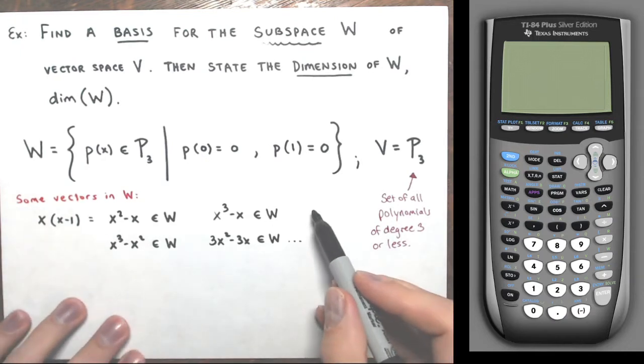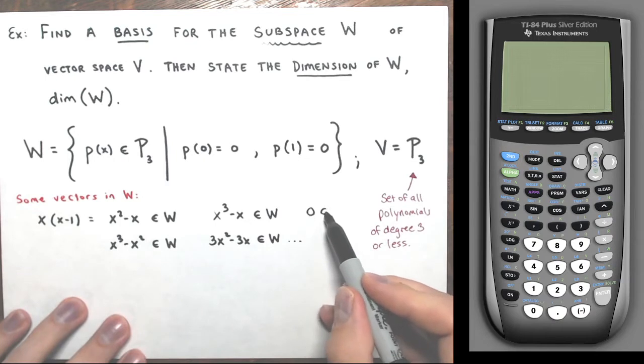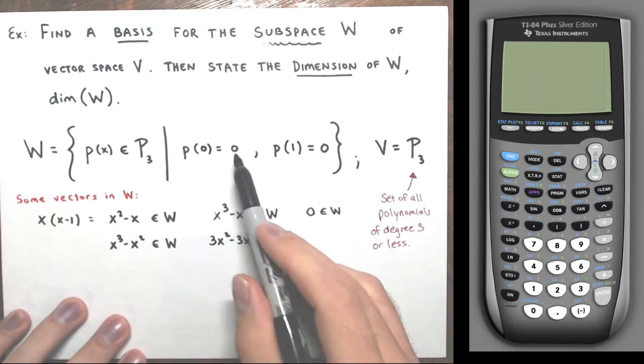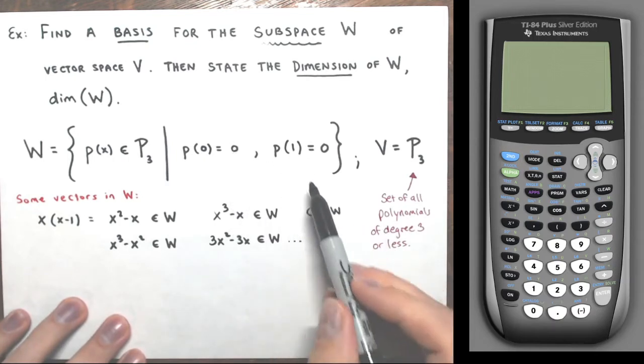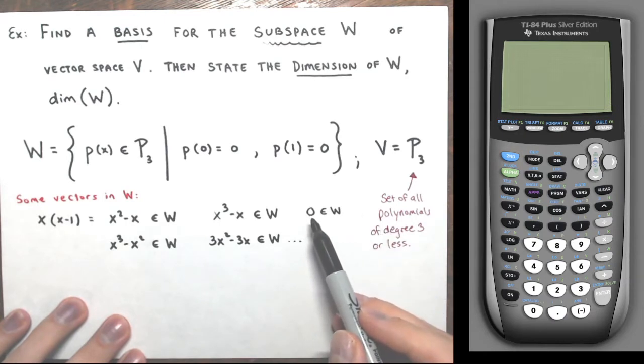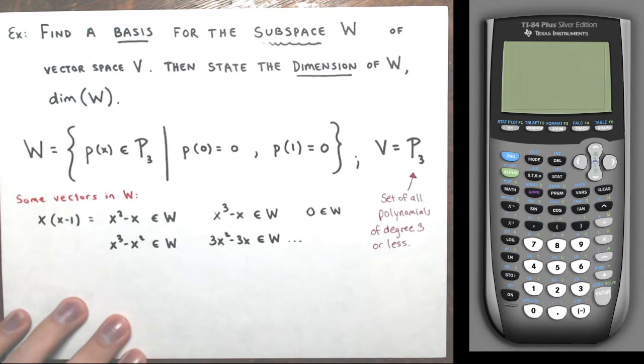And of course, the 0 polynomial belongs to W too. If I plug in 0 to 0, I get 0. I plug in 1 to 0, I get 0. And the number 0, you could say, has really any degree, so it has an undefined degree, so you can always include 0 as a polynomial of degree 3 or less. You could think of 0 as 0 plus 0x plus 0x squared plus 0x cubed.